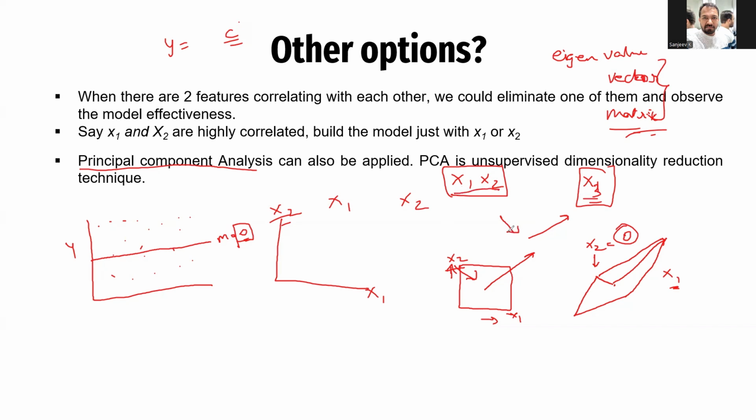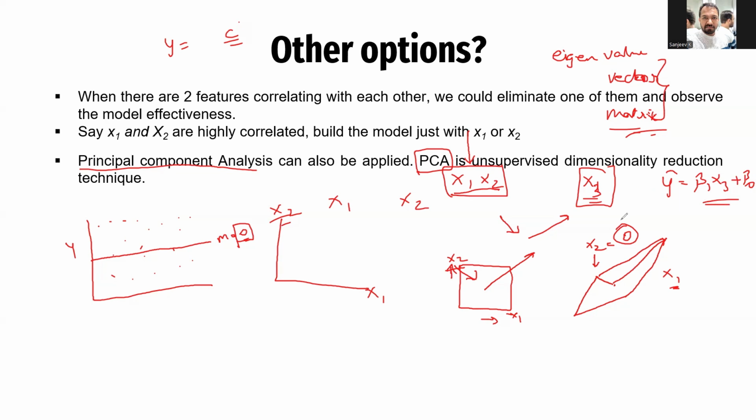Okay. So what is happening is, when we had to make a model with x1, x2, we used principal component analysis. We represented x1, x2 as x3, and now we are making a model based on x3. This is what principal component analysis is doing.